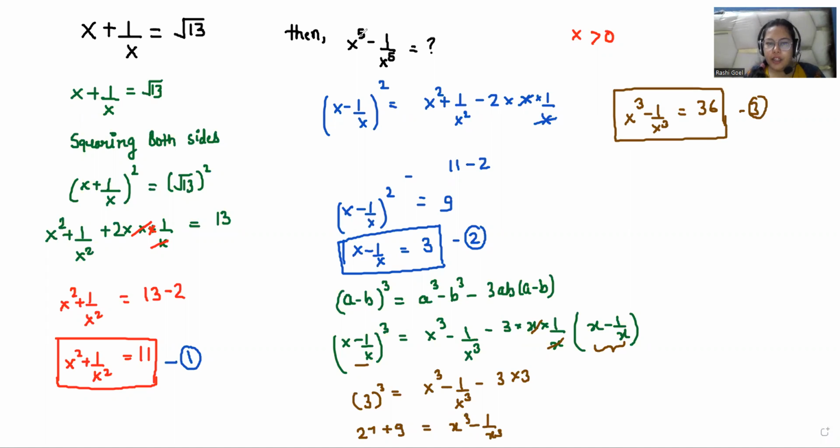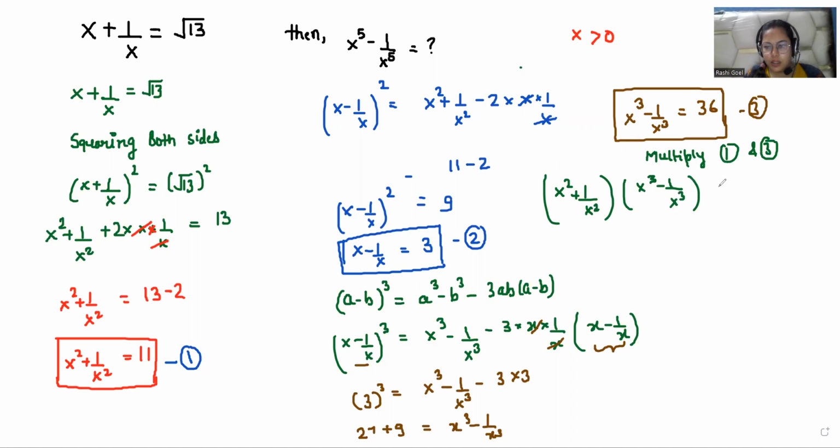So now we have to find the value of x power 5 minus 1 over x power 5. We can find this value if I multiply equation number 1 with equation number 3. So multiply equation 1 and 3. So it becomes x square plus 1 over x square times x cube minus 1 over x cube is equal to 11 times 36.